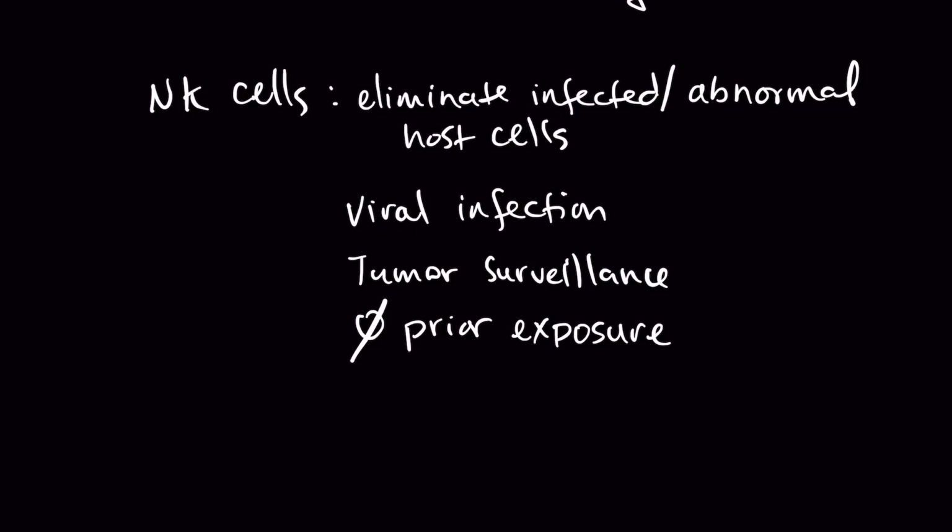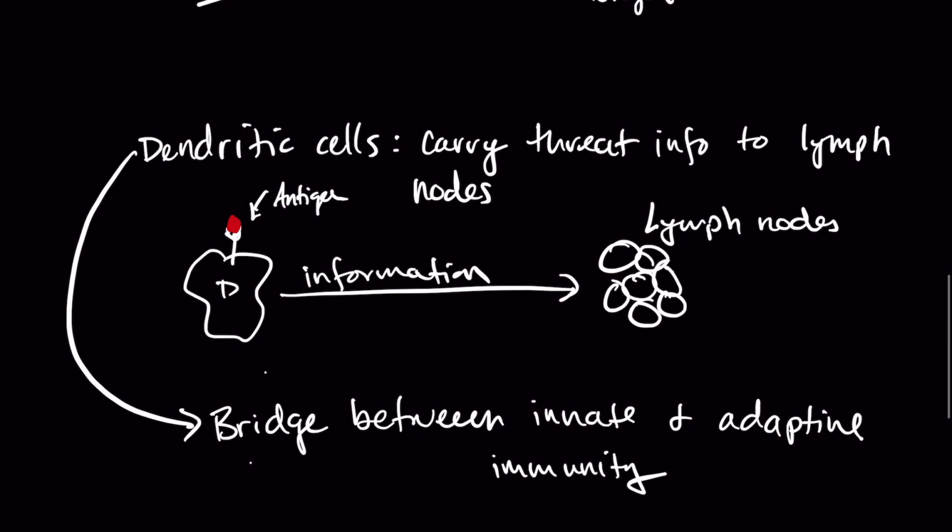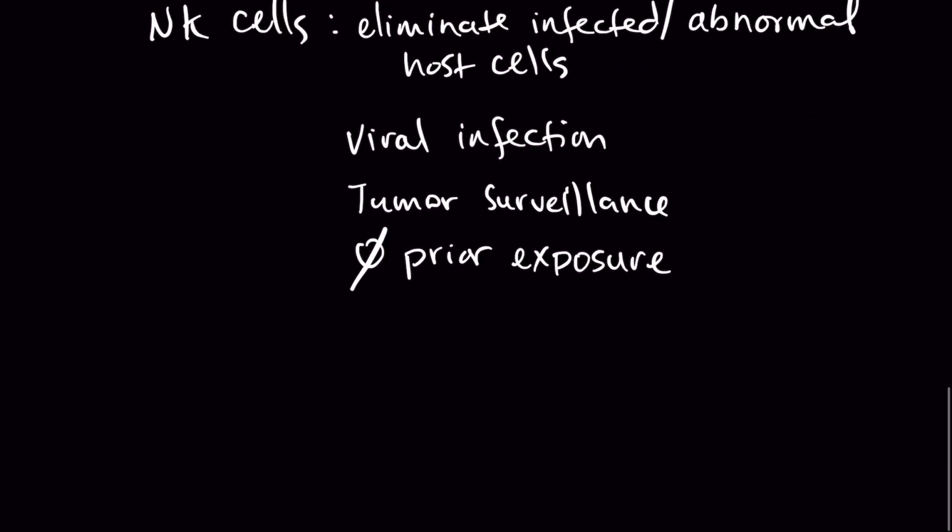So going back just briefly, we have the phagocytes, they detect and respond. Dendritic cells help with the decision, right, because they're bringing things to the lymph nodes. And then we have our NK cells, which are responding as well. So phagocytes and NK cells both respond by killing or consuming the target that they need to.